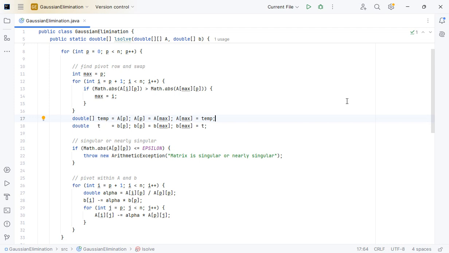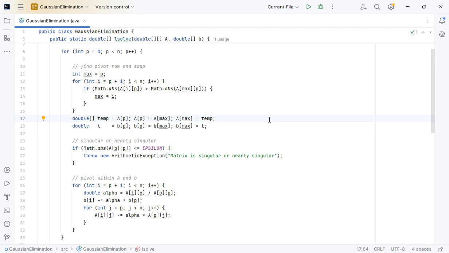So basically, we create a temporary array that is the copy of array A with a number of spaces B. Yeah, so what is the meaning then?